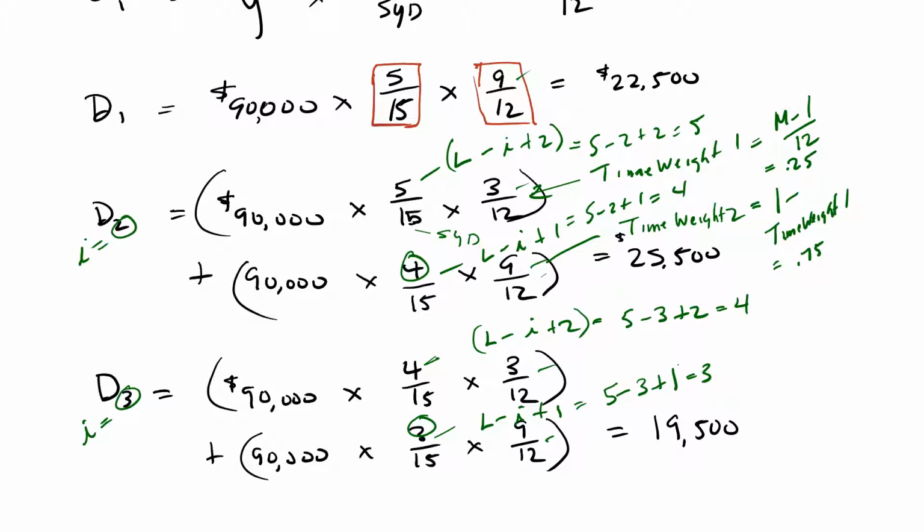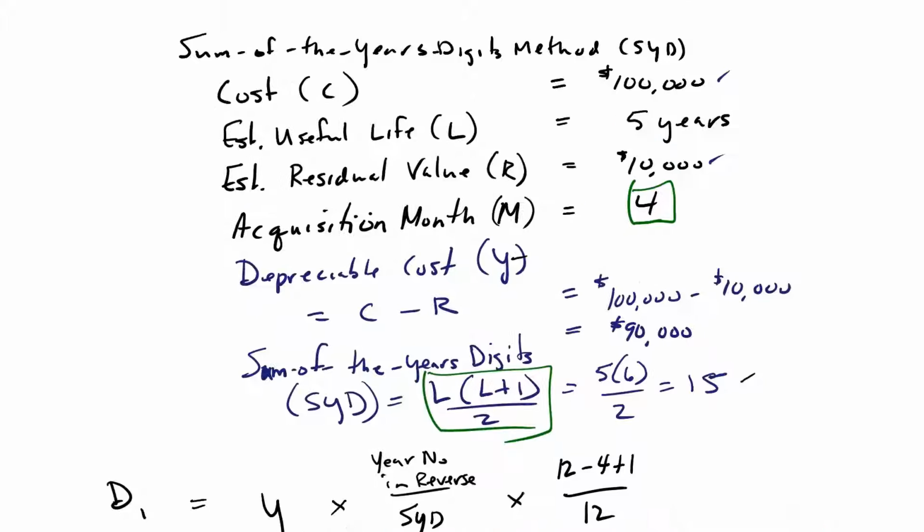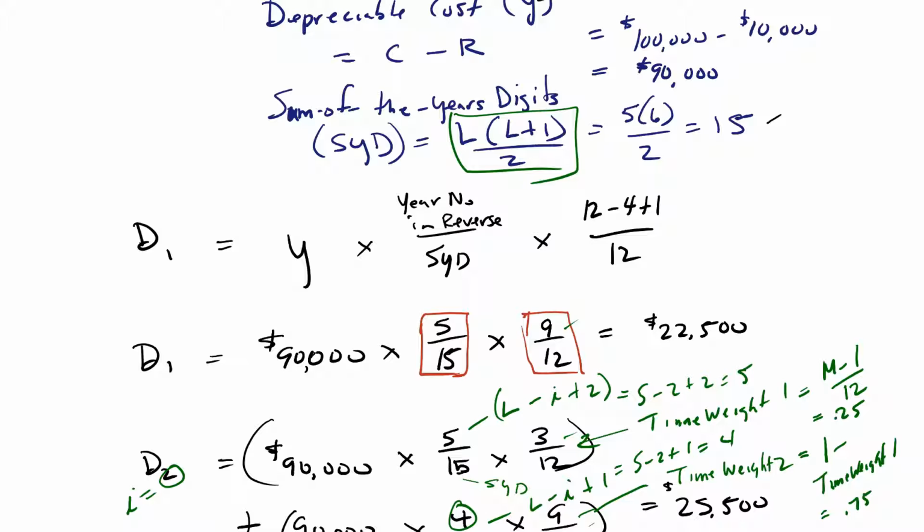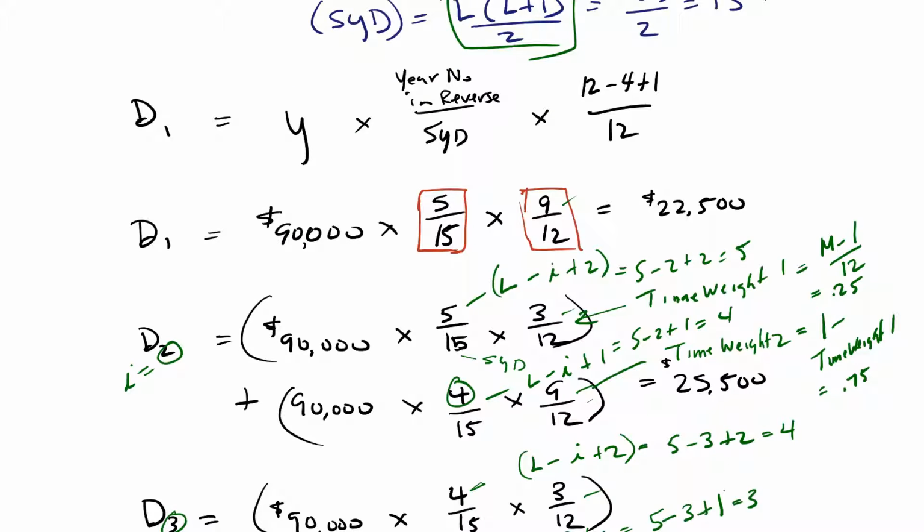So armed with that information, we can take these ideas to Excel and create our own function that we can pass certain values to. The key things we want to pass to our function will be these essential inputs: the cost, the estimated useful life, the residual value, the month of acquisition, and then also the particular year for which we want to compute depreciation.